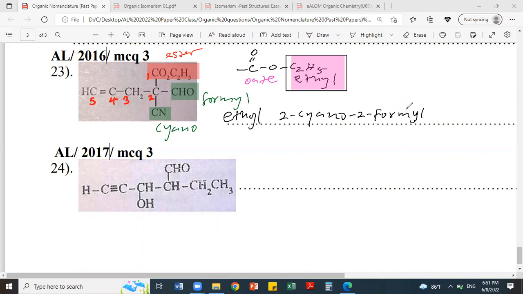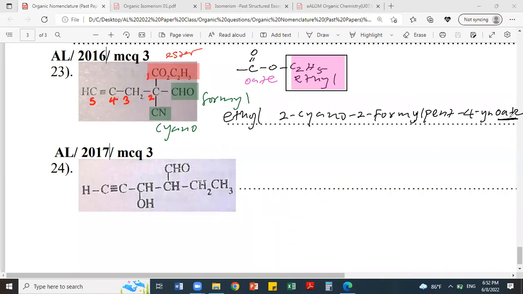After that, pent. Why? How many carbons are in the longest chain? Pent, but at the beginning of the fourth carbon there is a triple bond, which we also have to indicate in our name. Pent, 5 carbon, 4-ynoate. 4-yn means a triple bond at carbon 4, and oate.